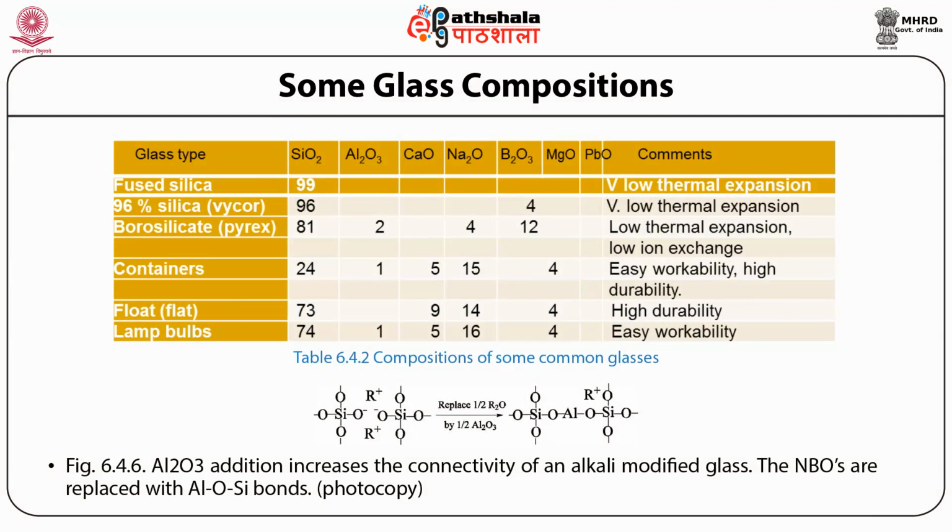You can see the figure of Al2O3 where Al2O3 addition increases the conductivity of an alkali modified glass. The non-bridging oxygens are replaced by Al-O-Si bonds. On the left hand side, you can see that the NBOs, that is non-bridging oxygens, are getting replaced.